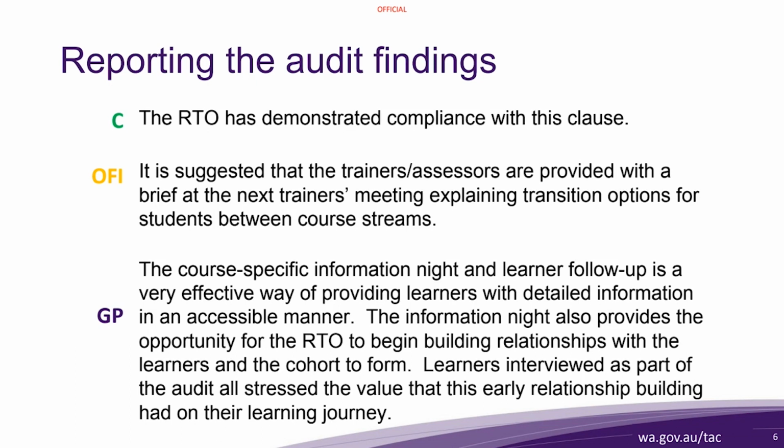The information night also provides the opportunity for the RTO to begin building relationships with the learners and the cohort to form. Learners interviewed as part of the audit all stressed the value that this early relationship building had on their learning journey. So we are saying very, very clearly what it is that is happening and what the impact of those actions are.